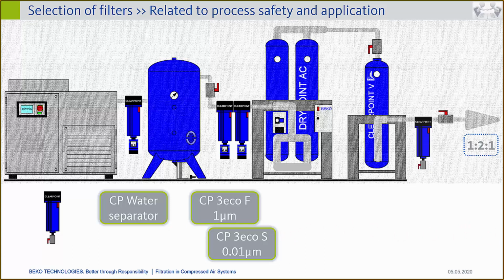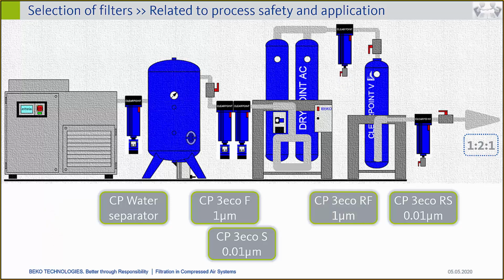Finally, we place the dust filter on the way down to the application to avoid any carryover of dust particles and to keep the compressed air in good quality for the production process. But I would say, do not forget an additional dust filter between the desiccant dryer and the carbon tower.